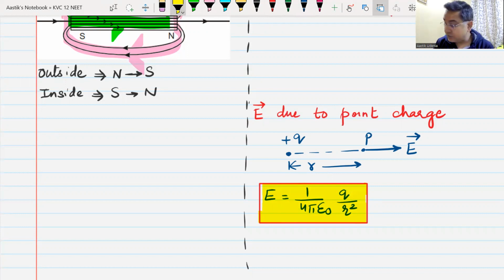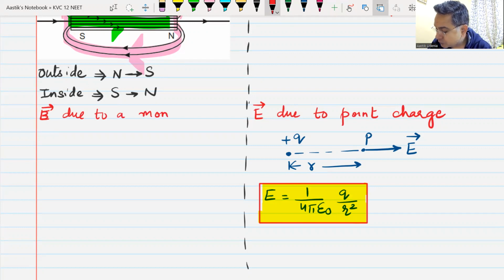Now, similar to electric field due to a point charge, we can write the formula for magnetic field. Instead of E, write B. Magnetic field due to monopole. Remember, monopoles do not exist.